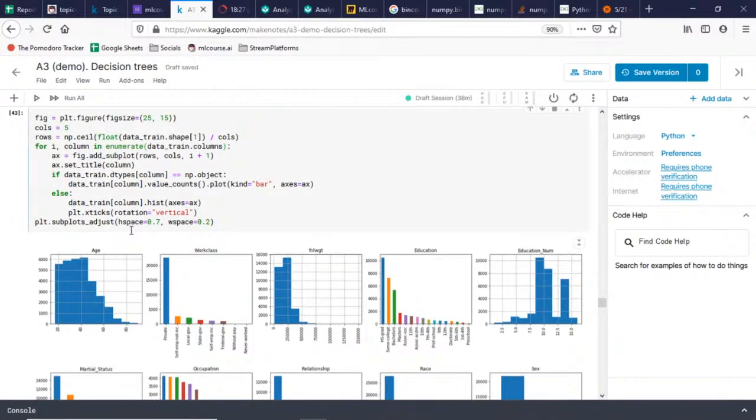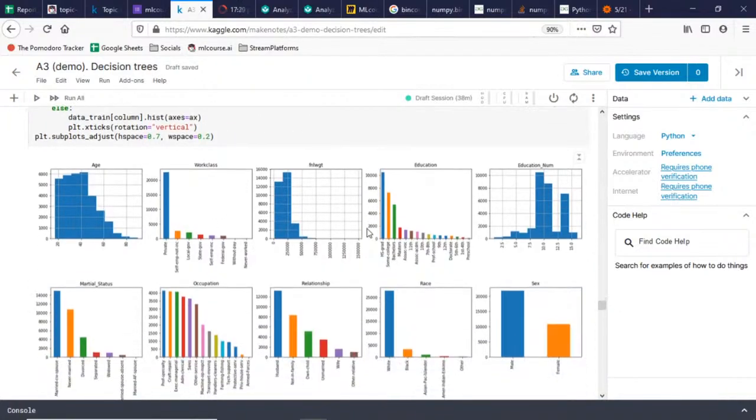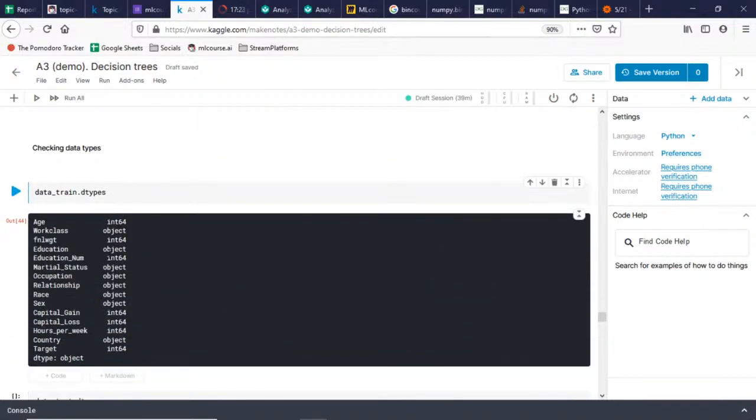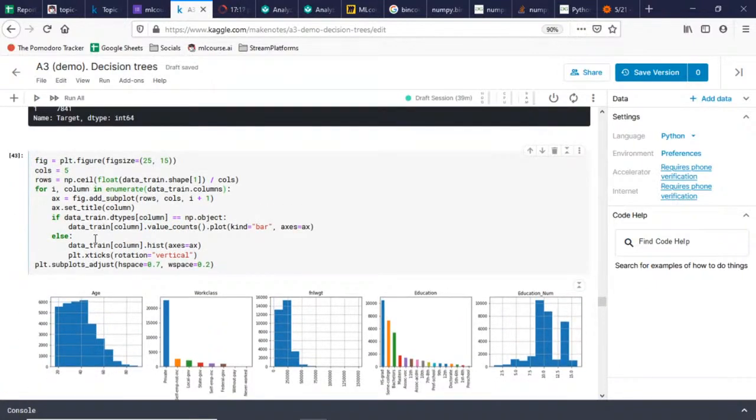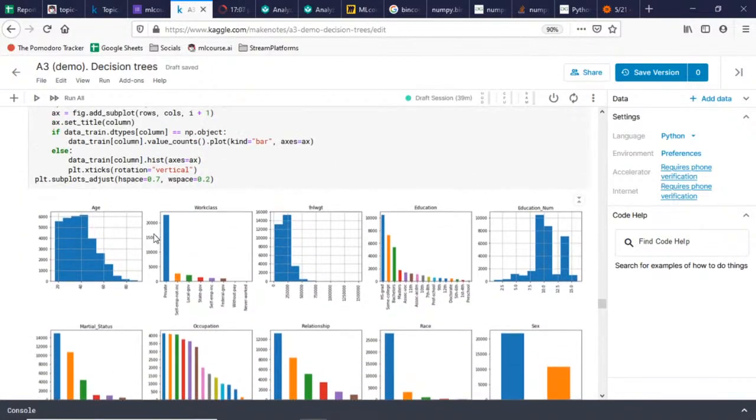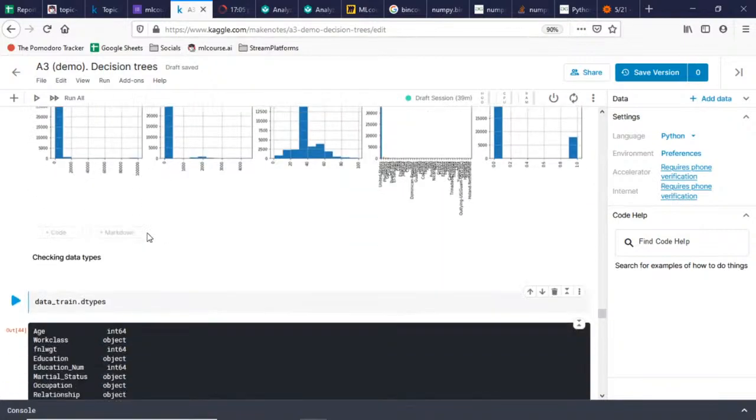For every non-object column we build histograms, and for categorical ones we build bars. So for continuous data, numerical data, we use histograms here.